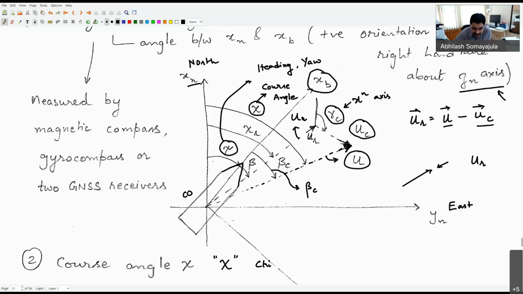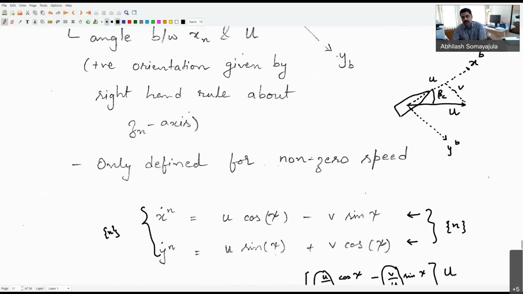So we can see that this angle here, psi plus beta c, is equal to this one here, which is chi. So we can write chi is equal to psi plus beta c. Everybody with me? Yes, sir. Okay.